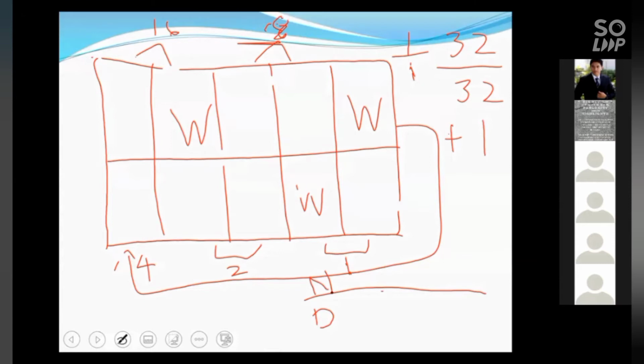Ilagay nyo lang kung 5/4, ganun na lang pag-type nyo, or 3/5. Okay, may naglagay dito 21/3, 17/6.